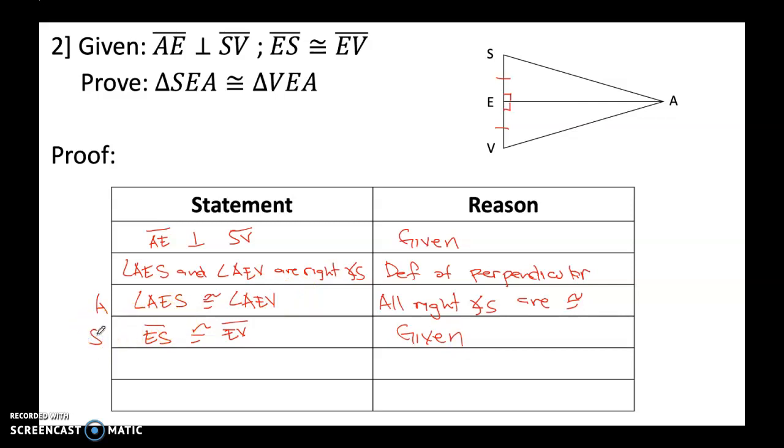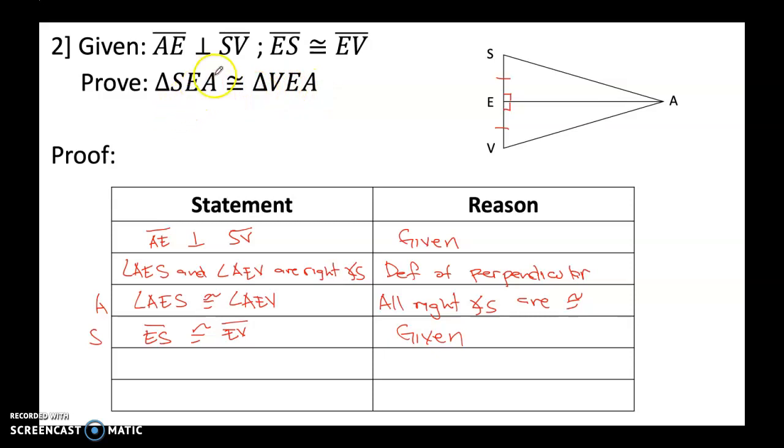So we only need one more part of the triangles to be congruent in order for us to show that the two triangles are congruent. Check the figure. We have triangle SEA and triangle BEA.